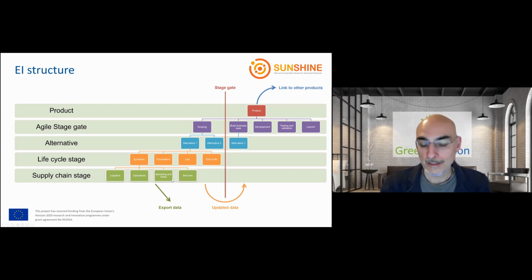Another thing about data is that you can always export the data that is in the system, so that you can have it in Excel files or other types of table data that can be used in any other system. And most importantly, you can link products inside the E-Infrastructure.